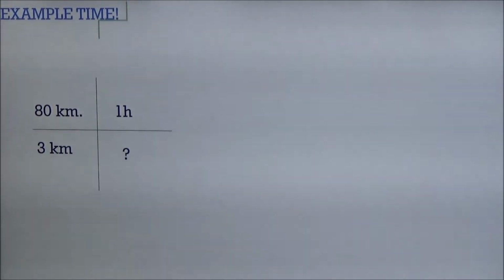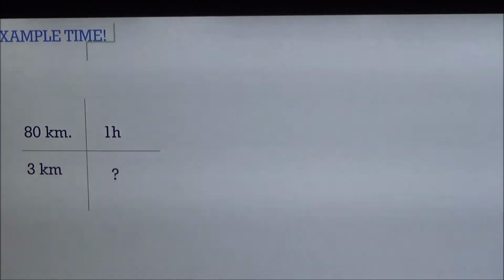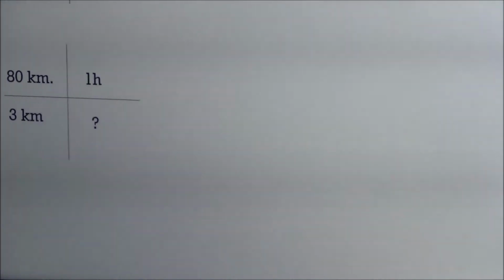Example time. So, we have this question. Calculate the time in seconds that it will take a train to cover 3 kilometers in a straight line at a velocity of 80 kilometers per hour.